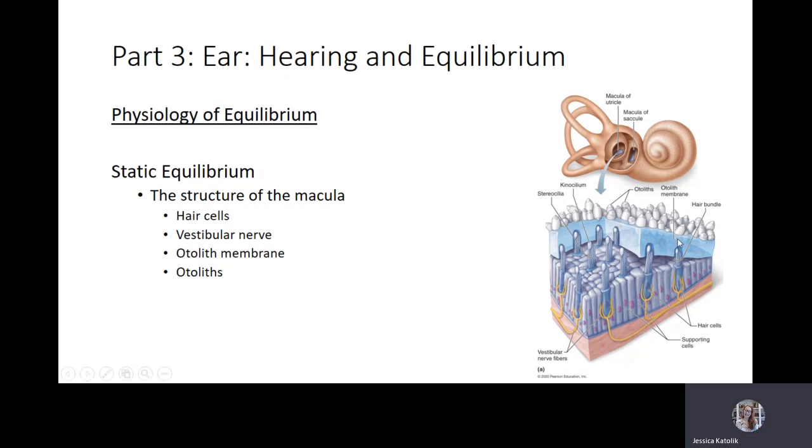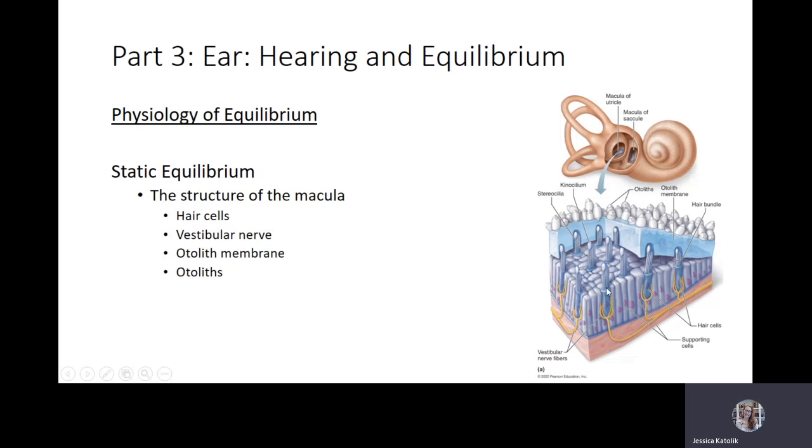So the macula has this really interesting, cool structure. It's going to have simple columnar epithelial cells at the bottom, and many of these are just going to be supporting cells, but we do have some specialized hair cells located over here.